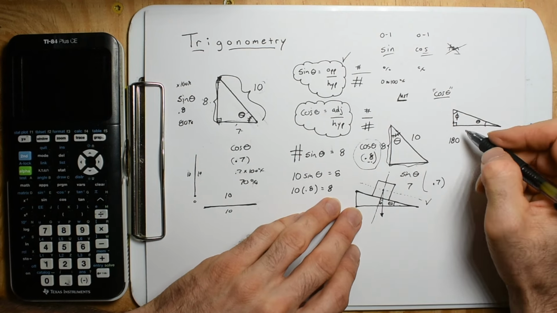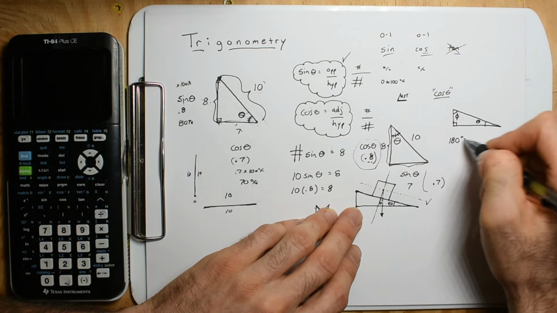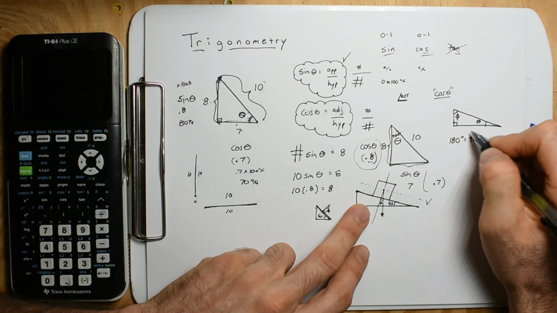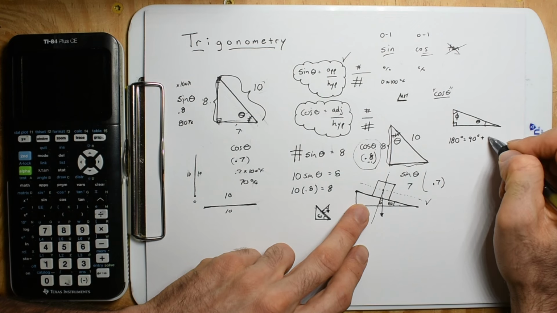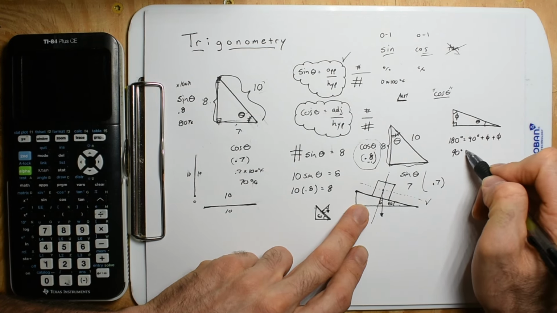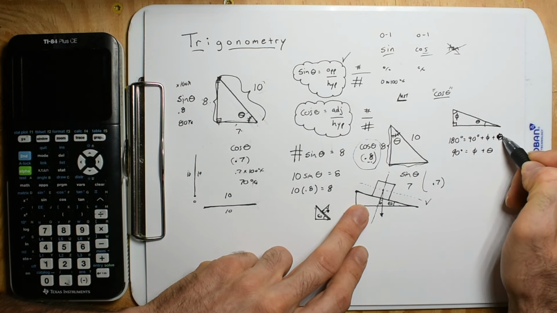you know what I mean? All the basics from like 8th grade come out. Like, hey, 180 degrees has to be the angle of a triangle. And so we have 90 plus phi plus theta. And now you can see 90 degrees has to be phi plus theta. I'm sorry I didn't write this as theta.